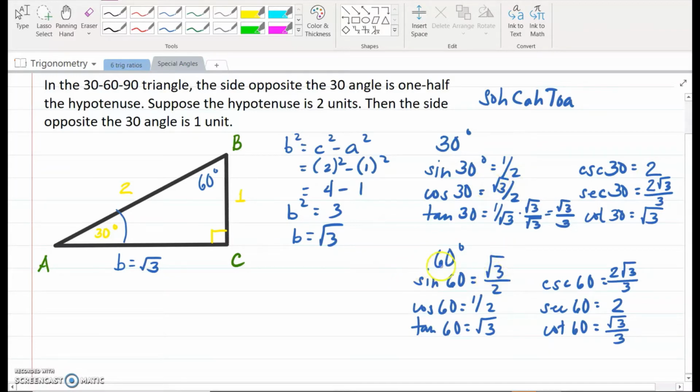So for 60 degrees, let's say you have sine 60. The value of sine 60 is 0.8660. That is, if we're going to divide square root of 3 by 2, that is also the same. That is 0.8660. Okay. So these are the values of the trigonometric functions or the ratios for 30 and 60 degrees.